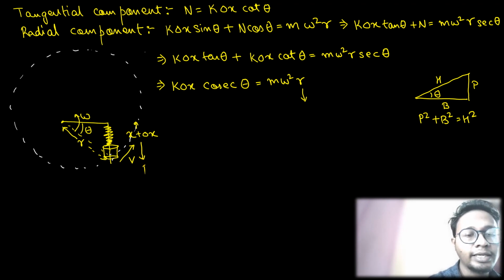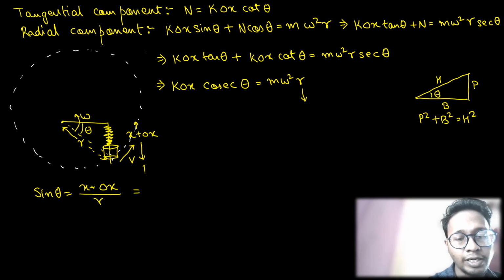Now can I use, see, perpendicular or sine theta? See this diagram, sine theta is equals to x plus delta x divided by r, or r is equals to x plus delta x divided by sine theta.